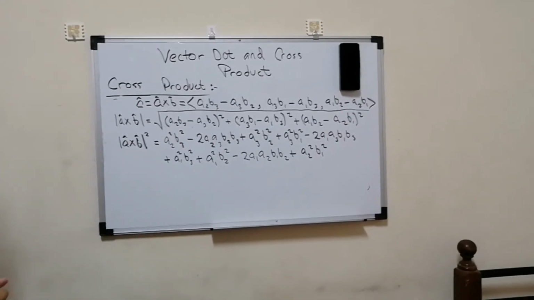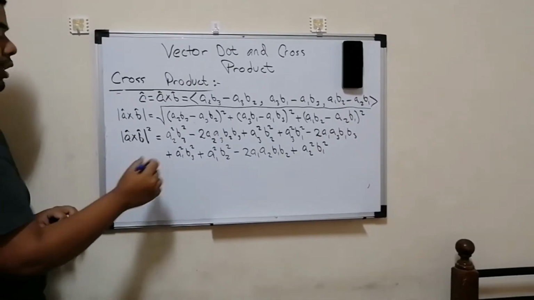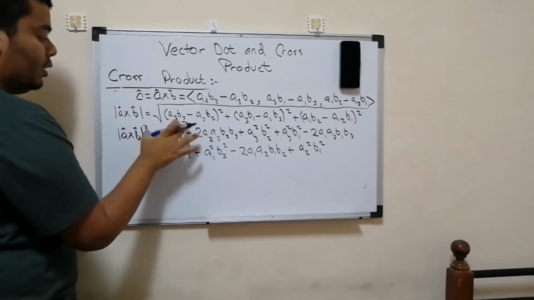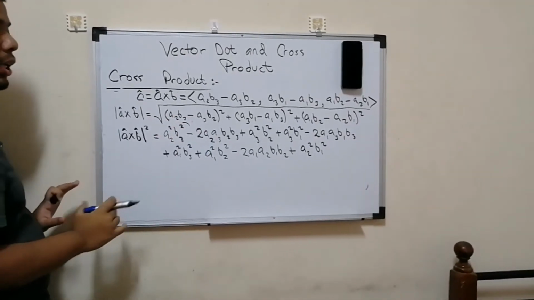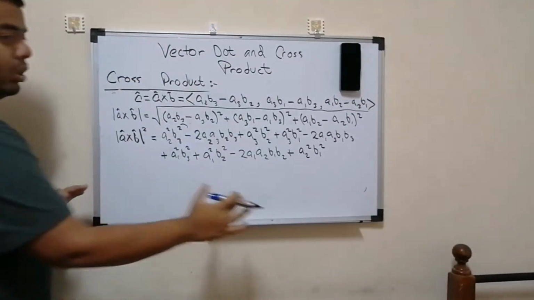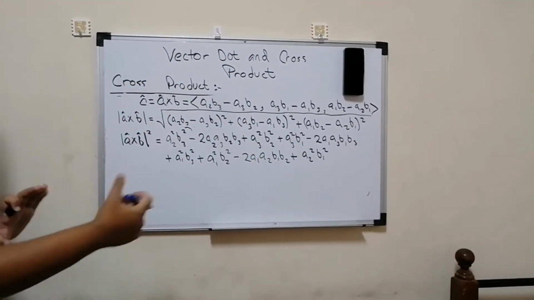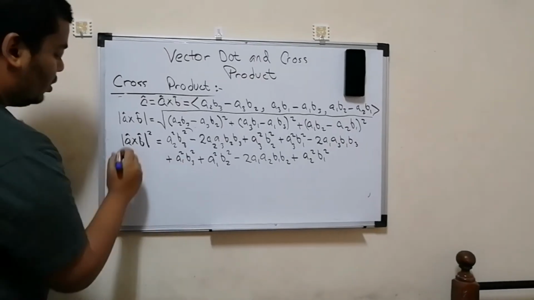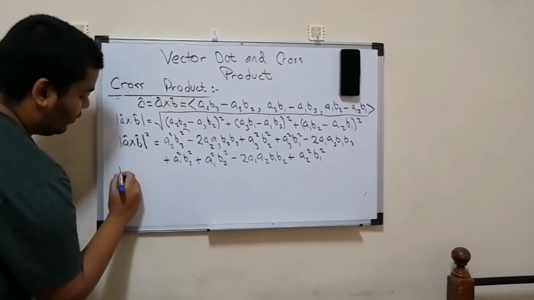Now let's write expressions which are similar to each other on one side, and the similar ones on the same side but separately. So I can rewrite this.